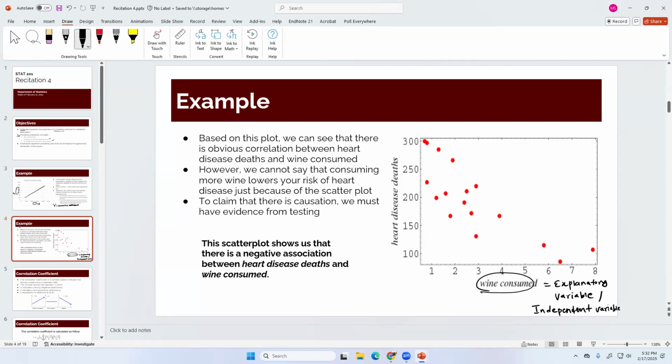And then on the y-axis, you have your response variable, or your dependent variable.